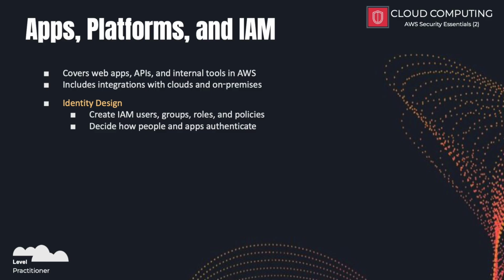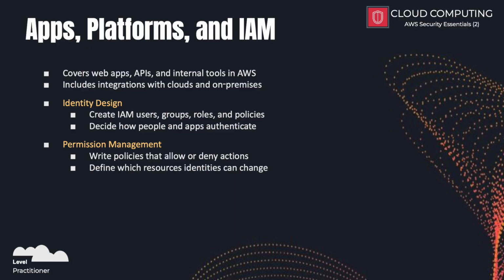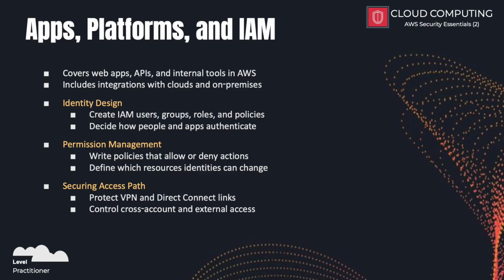The other one is permission management, which means writing policies that control what identities can access and what actions they're allowed to perform, and securing access paths, which means protecting entry points such as VPNs, Direct Connect, cross-account access, and external integrations.